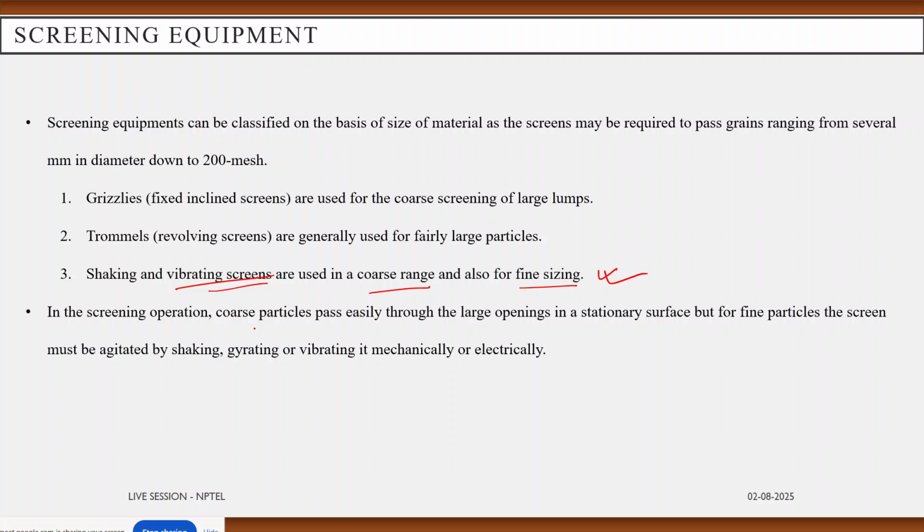In the screening operation, the coarser particles easily pass through the larger openings in a stationary surface, but when we deal with fine particles, the screen must be agitated or shaken. Otherwise, they will just stick together and block the opening of the screen. So for handling very fine particles, you have to shake the screen stack mechanically or electrically, and for that you need to design the screen in such a way.